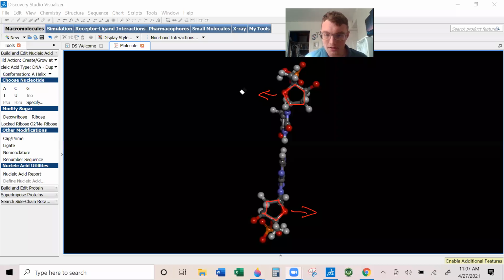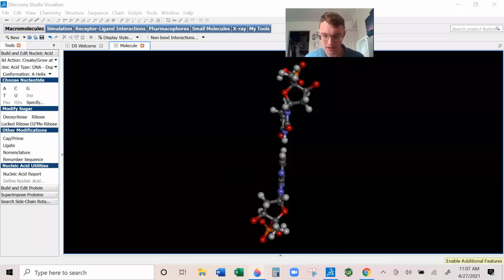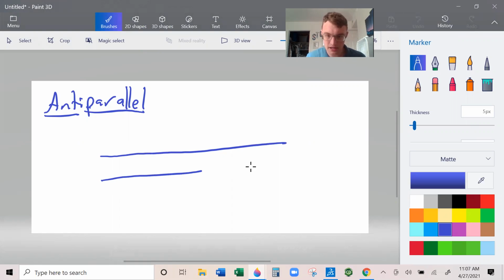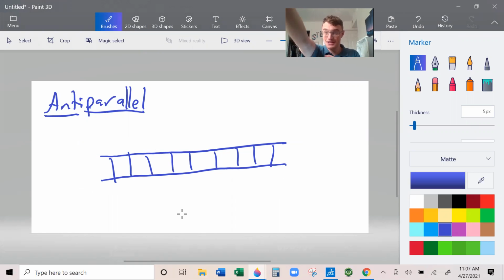Now, in order to help us keep track of which strand is pointing in what direction, we have these labels that we're going to put on here. And let me bounce back over here. So if I've got two strands of DNA, one strand here and one strand here, and they're running next to each other, we got our nitrogenous bases across the middle. Okay. We've got to name the ends of these things. So you've got to have a front end and a back end for each strand.